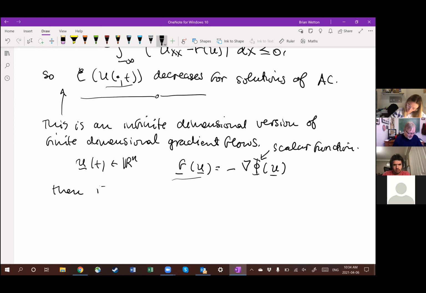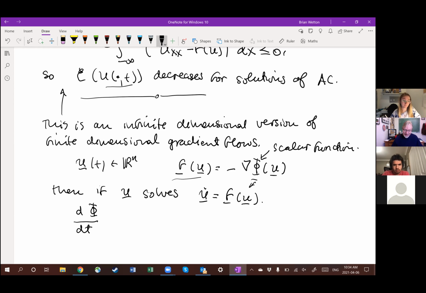So then I'll say if u solves u dot is f of u. This is the u_xx minus f of u of the infinite dimensional Allen-Cahn case, right? If u solves this, then I can look at this quantity phi, the scalar function, which is like an energy if you want.